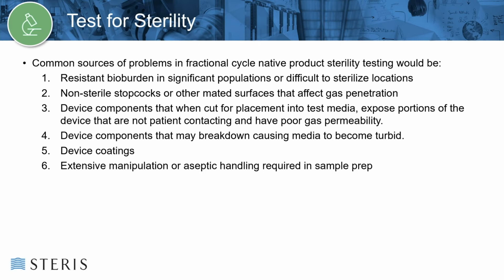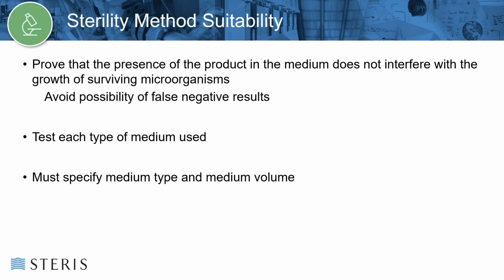Device coatings may also break down during immersion in the test media, exposing bioburden under the coating. This also stresses the advantage of something like a 70% IPA cleaning of the device prior to application of any coatings. It may also be worthwhile to test the uncoated device for bioburden to better understand the potential for this type of issue.